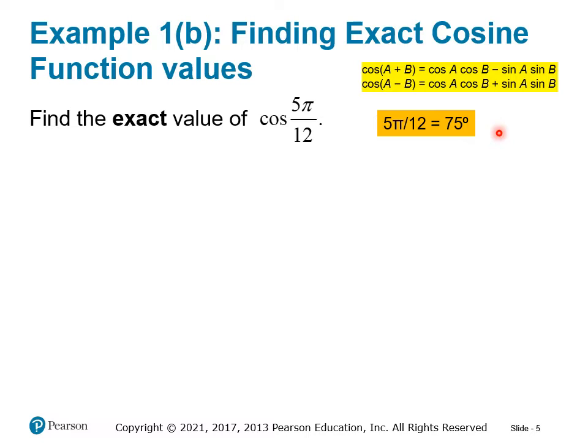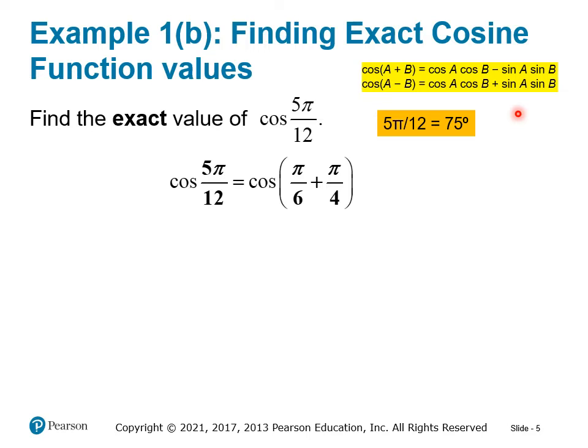We know those trig functions. So instead of subtracting 30 from 45, we're going to add it this time. And remember that 30 degrees is pi over 6 radians, and 45 degrees is pi over 4. So here we're going to add those two things.